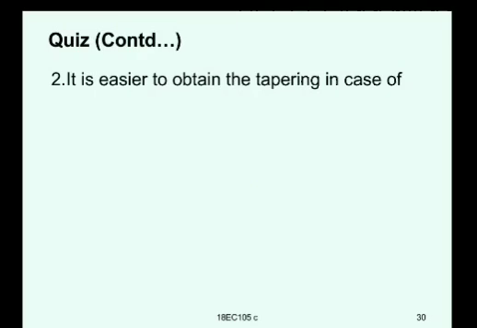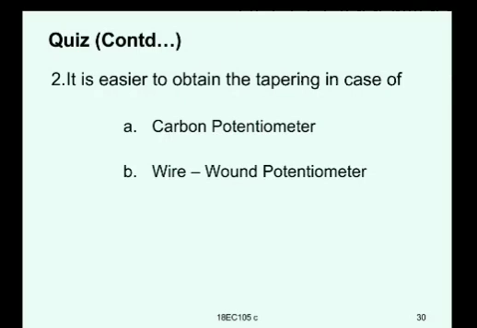The next one. It is easier to obtain the tapering in the case of A carbon potentiometers, B wire wound potentiometers, C rheostat, and D none. It is carbon potentiometers.